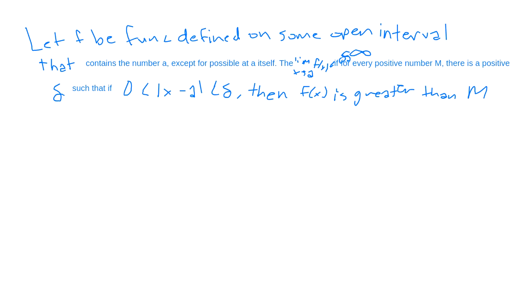So essentially what they're saying is that if we have some graph where the function approaches infinity at some point a, and we define some value m, that is going to help us to define what our delta is.